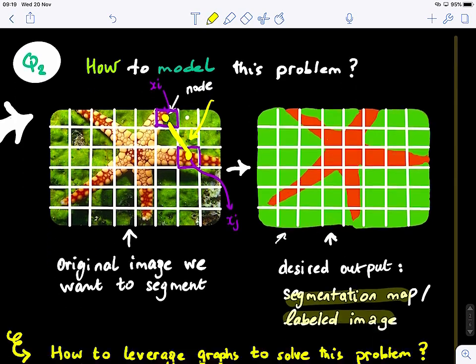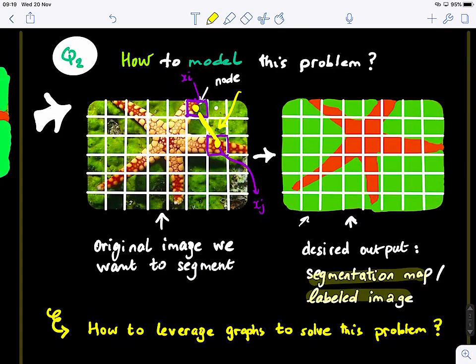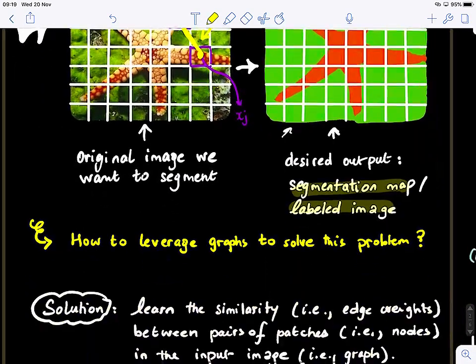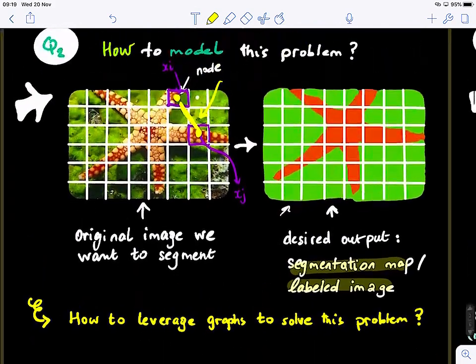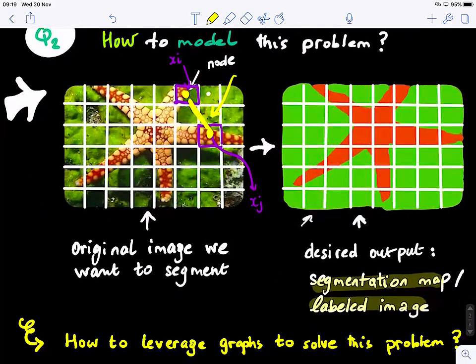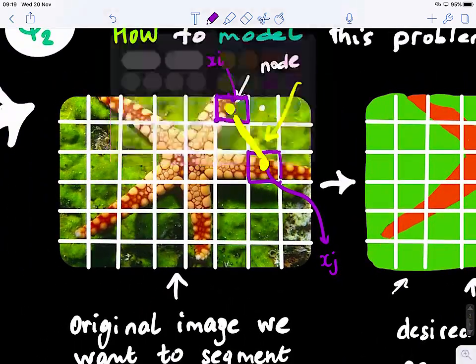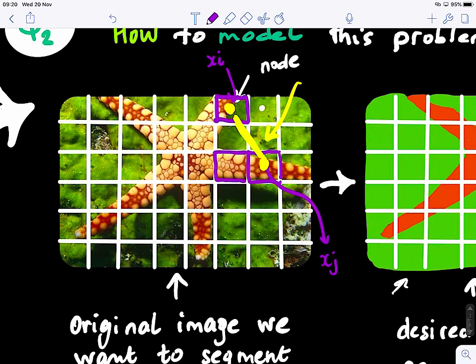Now, this is how we can possibly use graphs to solve this problem. However, what is the goal here? What do we want to do? If we use graphs to model this, imagine two pixels or two patches that are neighboring. We would expect their similarities generally to be high, if you're inside the object and you avoid the boundary.